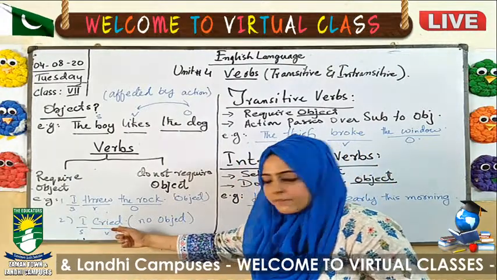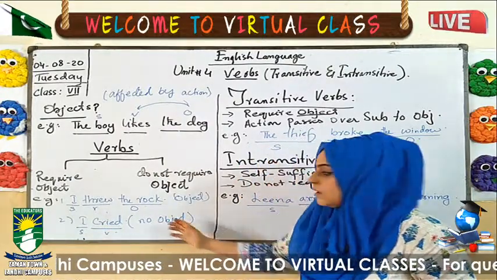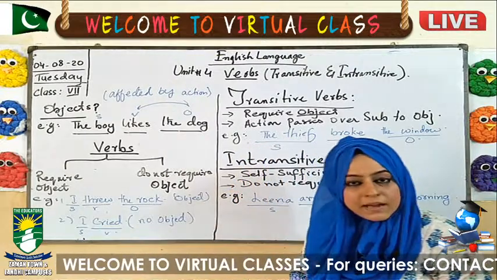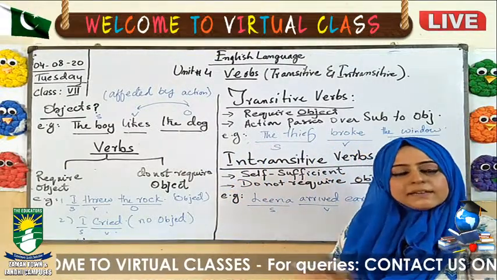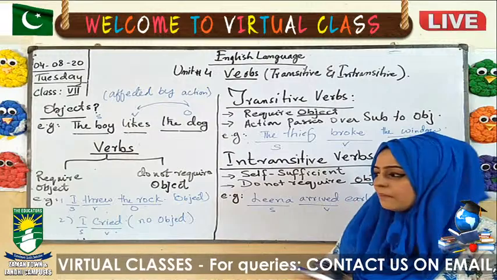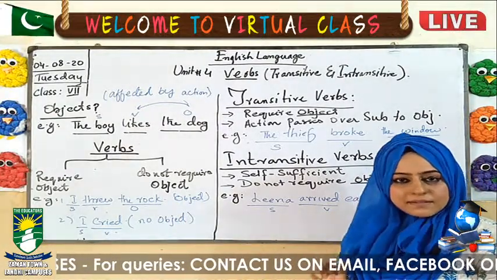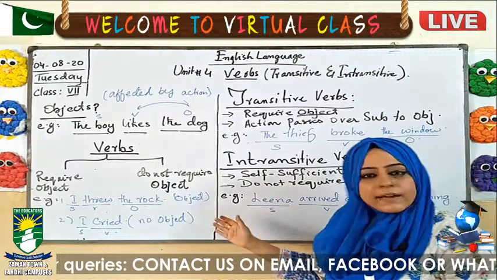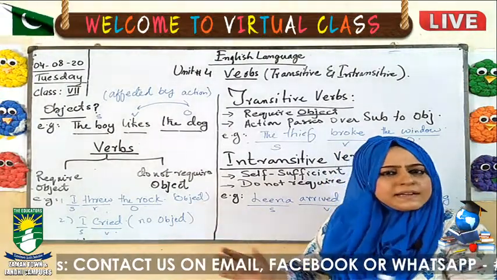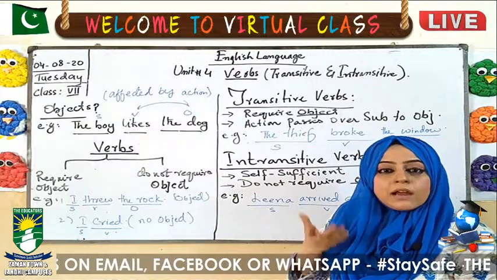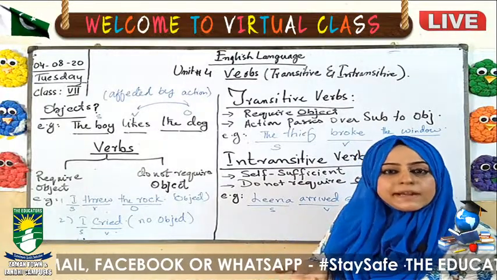I cried. Full stop. No object, because I is the subject here, cried is the verb here, and there isn't any object, but it is giving a sense. When somebody says I cried, you might think there must be something more, and if I am not adding any object the sentence may seem incomplete. But the listener will understand what I am trying to say.